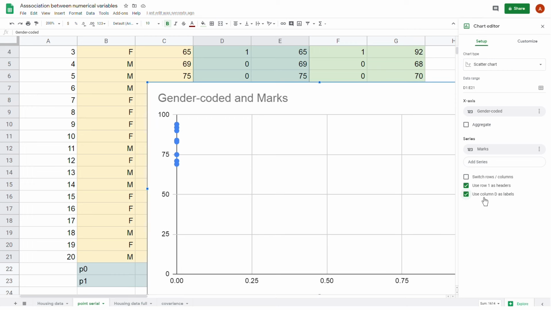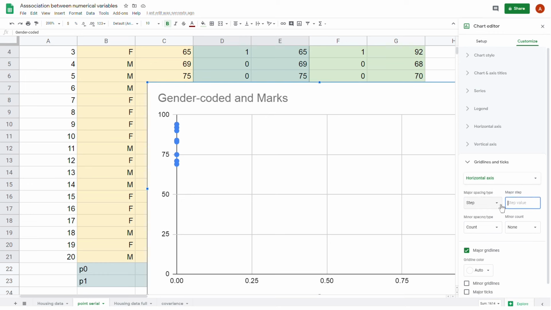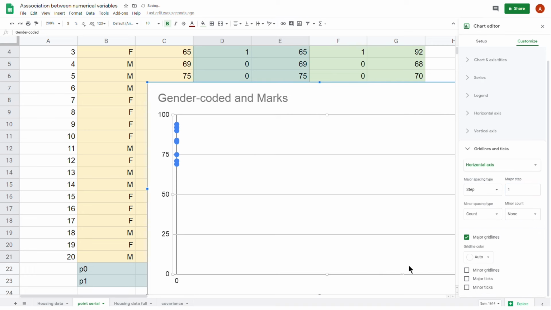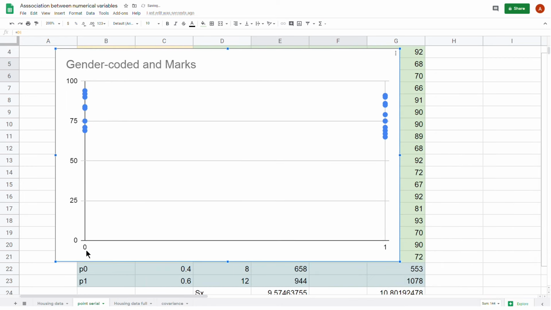Within this column D, I customize it further by looking at the major spacing type, which is step, and I am putting a step value of 1. So, you can see that I have constructed my scatter plot.